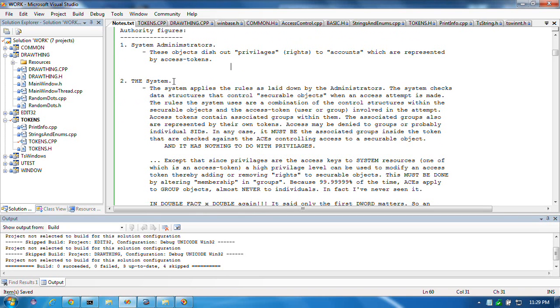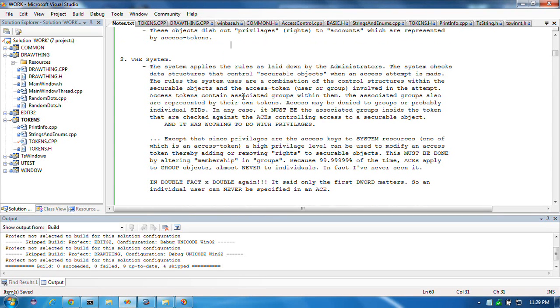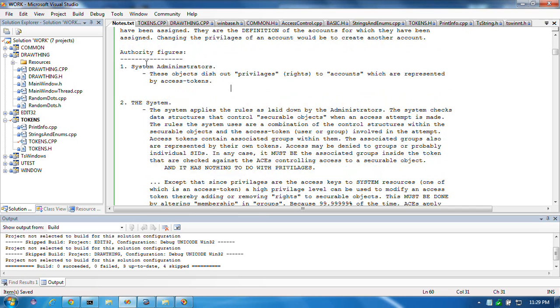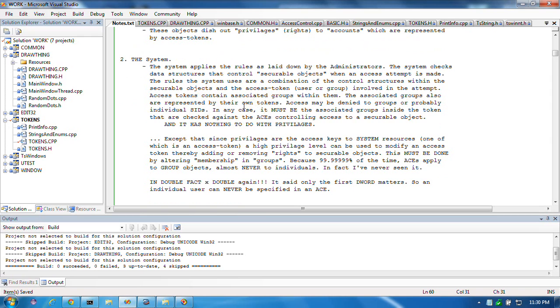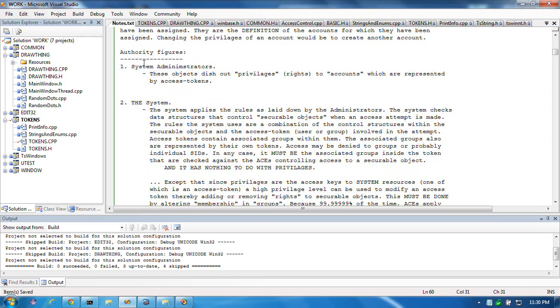And the system, all the system does is apply the rules as laid down by the administrators who give out privileges and rights and so on. And so the system is just a dumb thing that tries to apply the rules according to the rule system given out by these administrators.